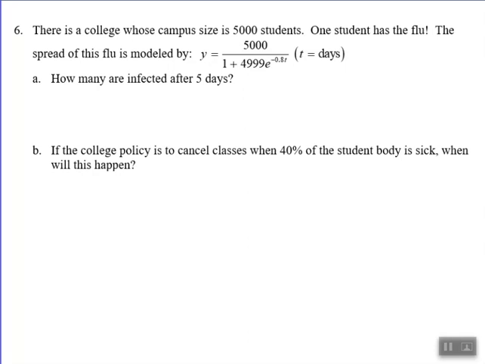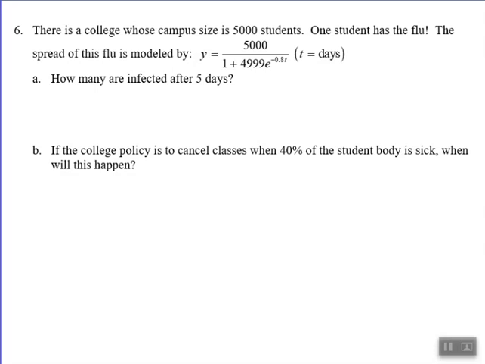And if the college policy is to cancel classes when 40% of the student body is sick, when will this happen? So this type of equation is called a logistic model. Couple things to note. The numerator tells you the carrying capacity, or the maximum value of the function. There are only 5,000 students on campus, so you can never have more than 5,000 students sick.